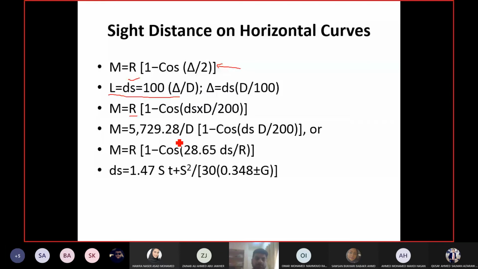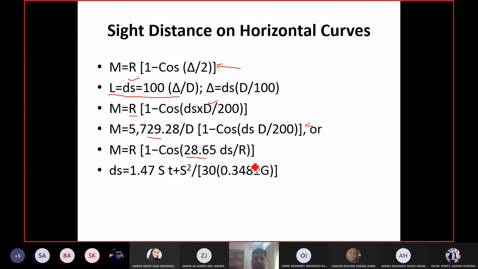So you can see now this is the equation for M without R. We only have D and ds here. Or you can replace D by the same ratio. D will become equal to 5729.28 upon R, and there's 200 already there. 5729.28 upon 200 will give you 28.65.